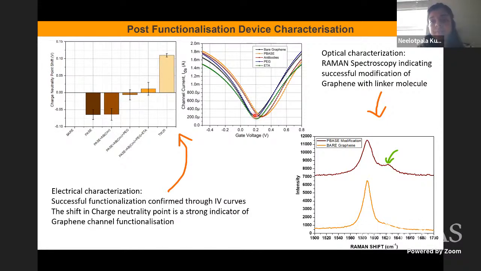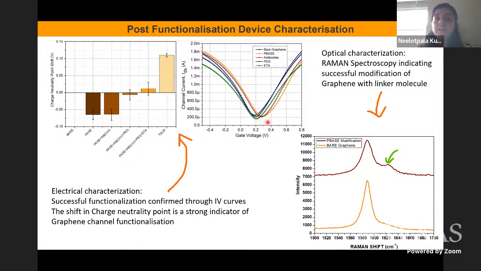So what happens with our particular functionalization is that we have bare graphene, which is in black, and then when we introduce P-base to it, the graph shifts to the right. When we add antibodies to it, it remains almost there, and then we add the different blocking agents like PEG and ETA, and then we see the shift of the graph going back.